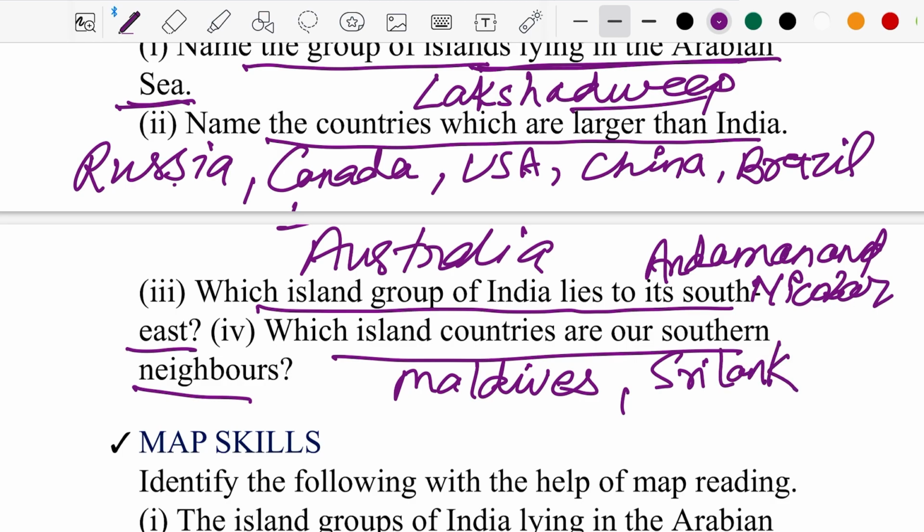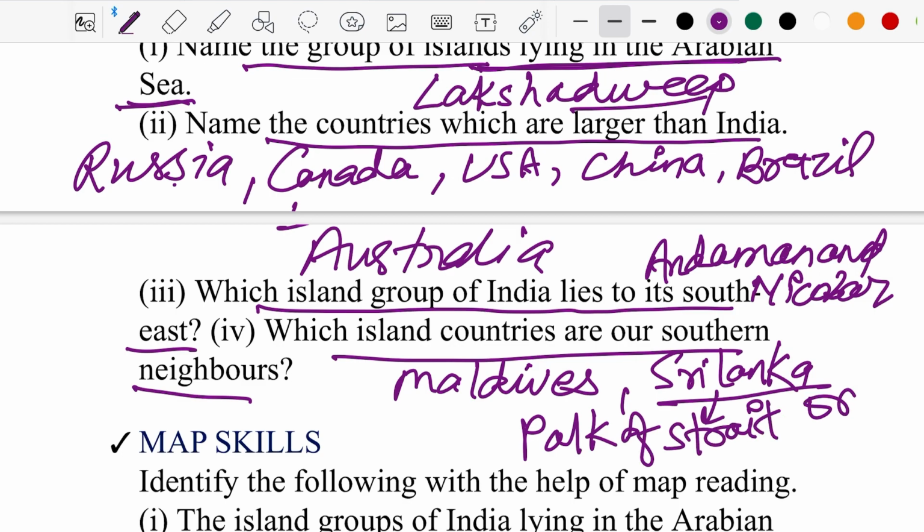Sri Lanka is separated from India by the Palk Strait, and you can say Gulf of Mannar. You can say Palk Strait or Gulf of Mannar, like that.